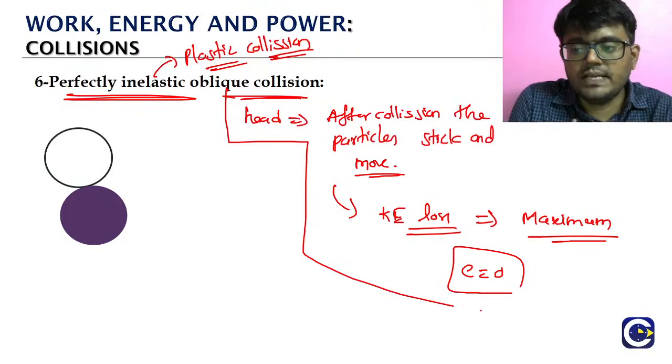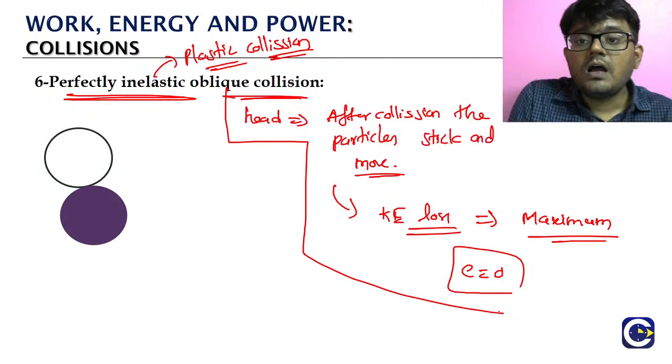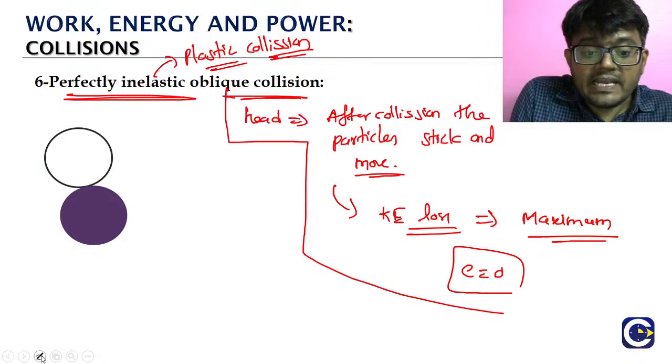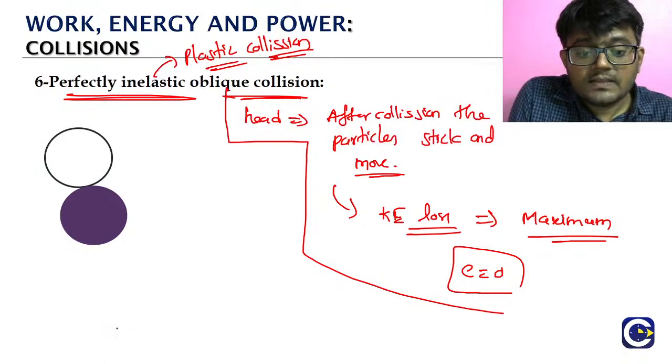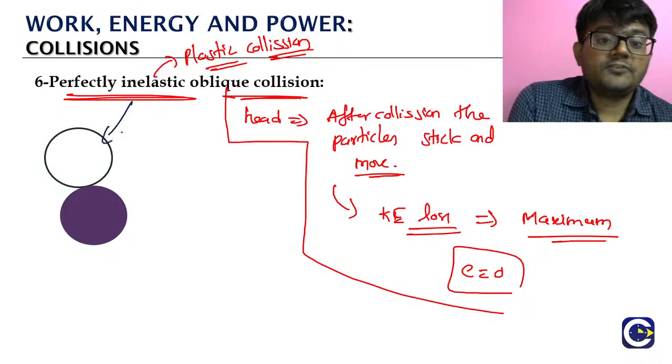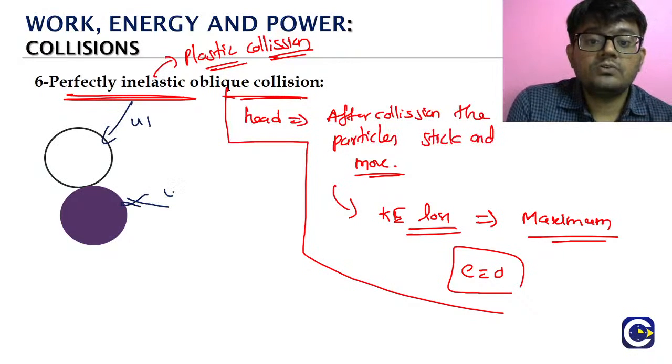But இங்க வாங்க, so we will discuss about the oblique category la. What about the perfectly inelastic or the plastic type of collision? இங்க என்ன தெரியுமா? First of all understand this. நம்ம என்ன சொல்லிருக்கோம்?